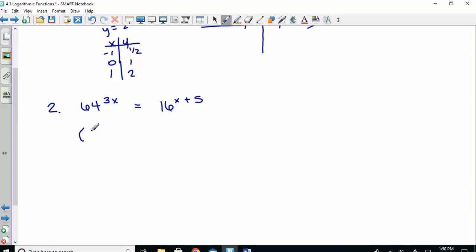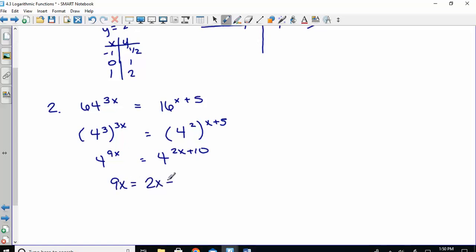Common base. 64 is the same as 4 cubed. You could also do 2 to the 6 would work. 16 is 4 squared. Make sure you write those in parentheses because now what do I have to do? Yeah, power to a power we multiply, so we get 4 to the 9x equals 4 to the 2x plus 10.